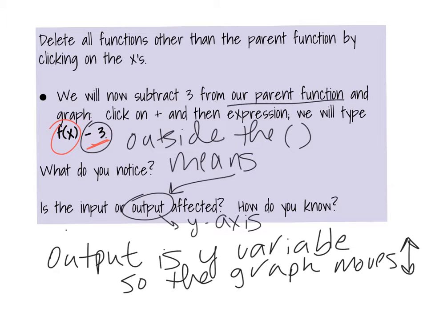If I take my f of x and I add 2, well, now I'm taking my whole entire function and adding 2, which is going to shift it up 2 because I'm affecting the output. How do I know it's the output? Well, because it's outside the parentheses. Okay, and that little mnemonic device, whatever you want to call it, that's how you can remember.